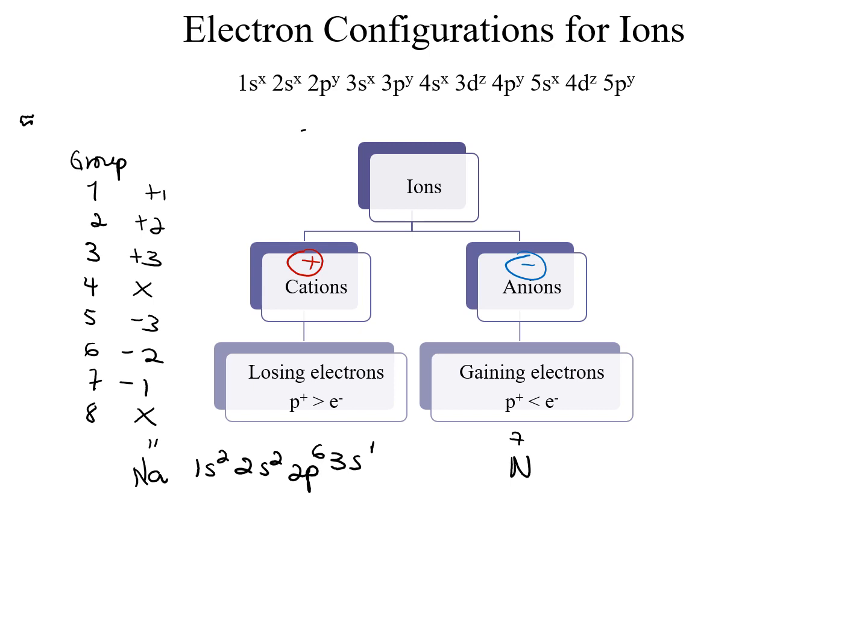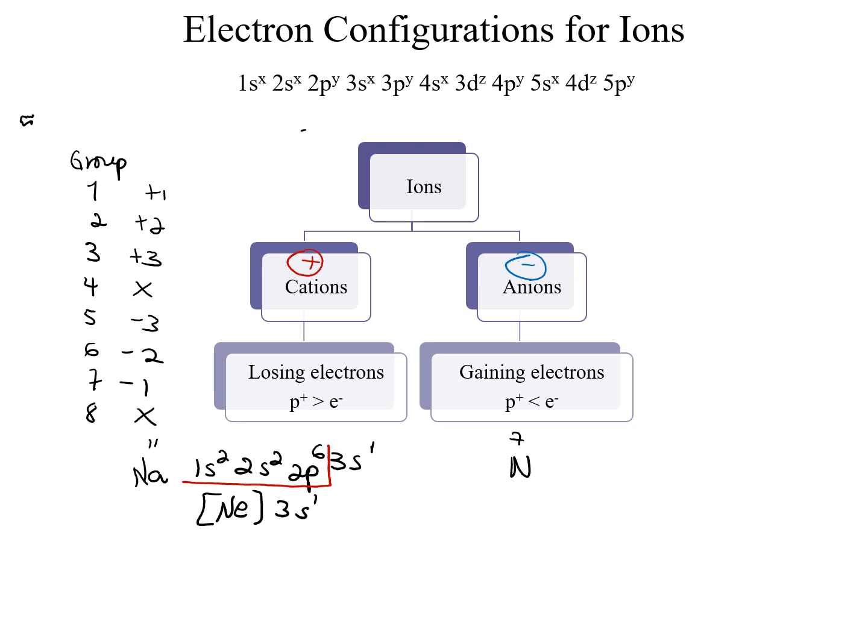If we do the short notation, that is going to look like this, and not Na, but Ne for neon, okay? Neon is giving you the 10 electrons, which is what you have up here. It is the noble gas that you have right before sodium.